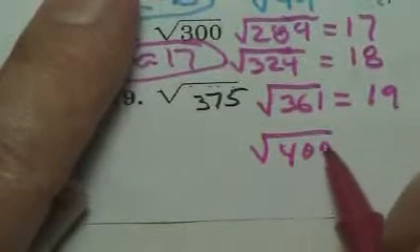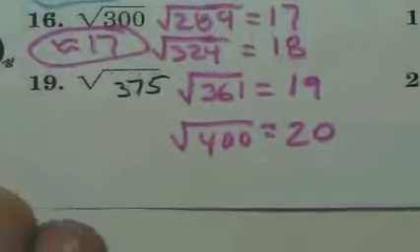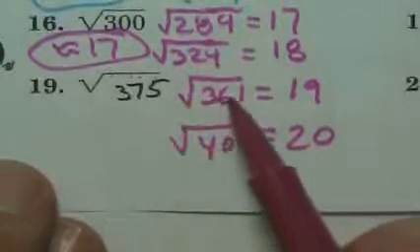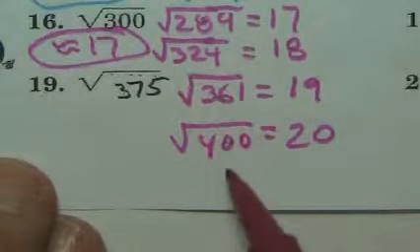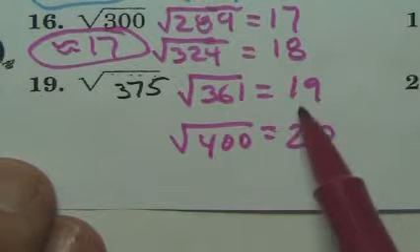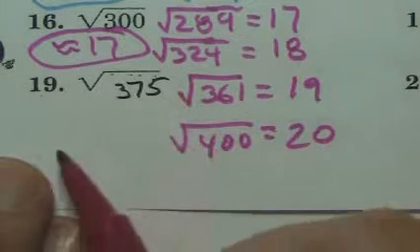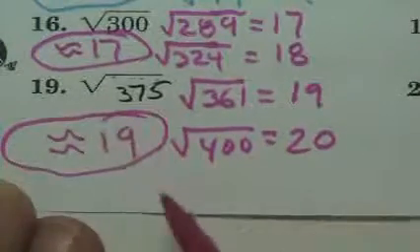Square root of 400 is 20. So what's 375 closest to? The 361 or the 400? Closer to 361. So it's closer to 19 than it is 20. So it's approximately 19.